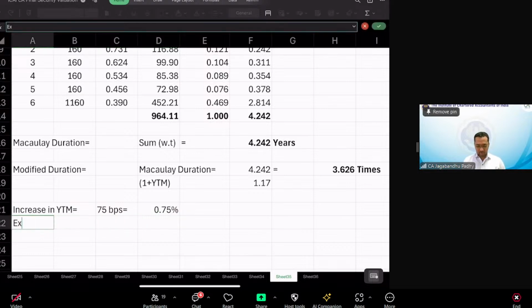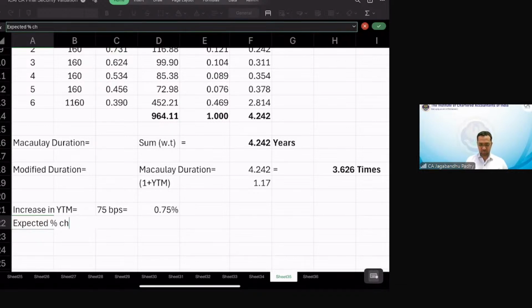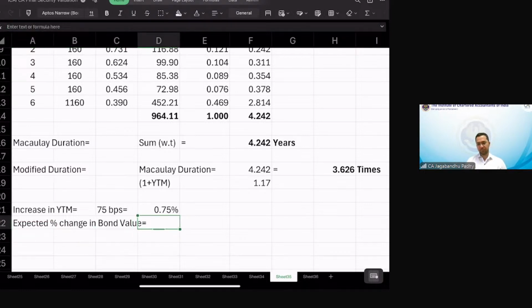So what is the expected percentage change in the bond value?